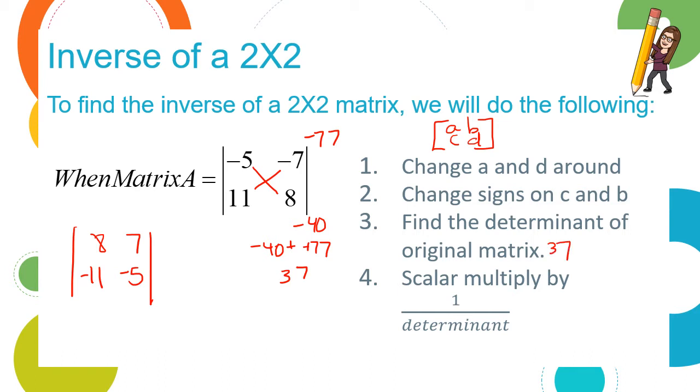And I'm going to multiply this matrix by 1 over the determinant. Oh boy, let's take a look here. So if I distribute this, look at how messy this gets. 8 times 1/37, 7 times 1/37, negative 11 times 1/37, and negative 5 times 1/37.